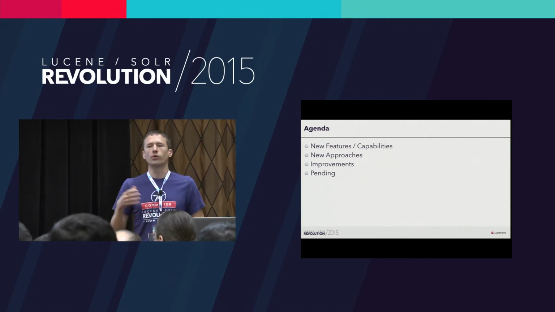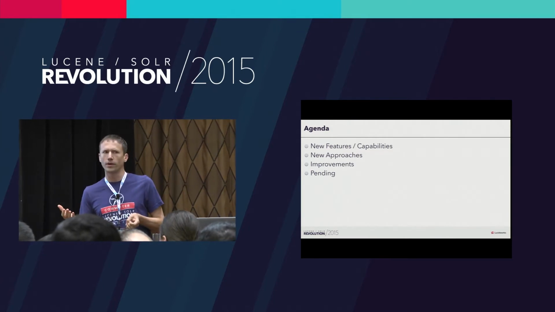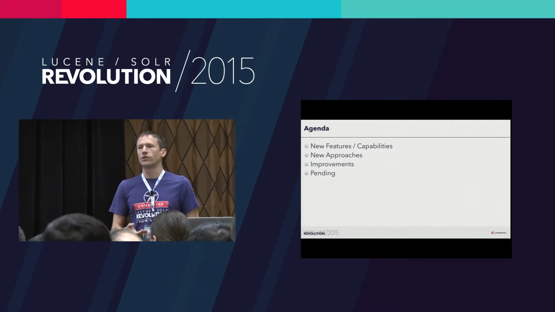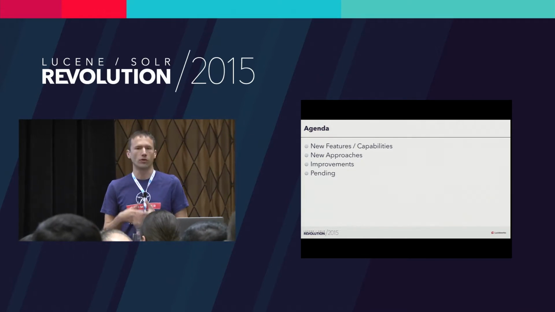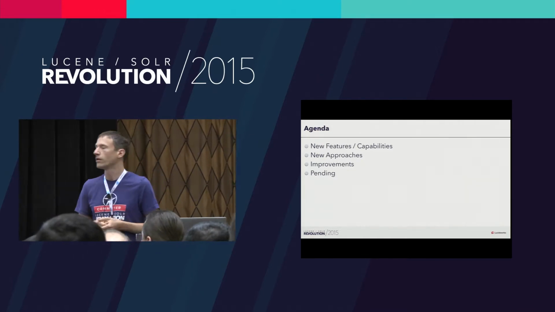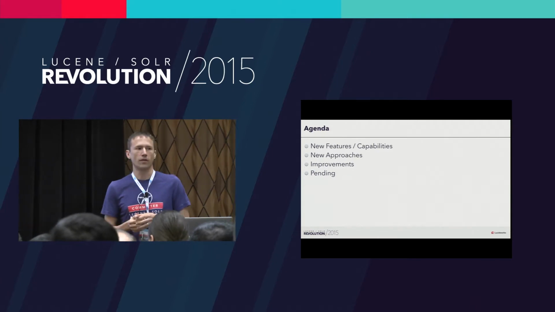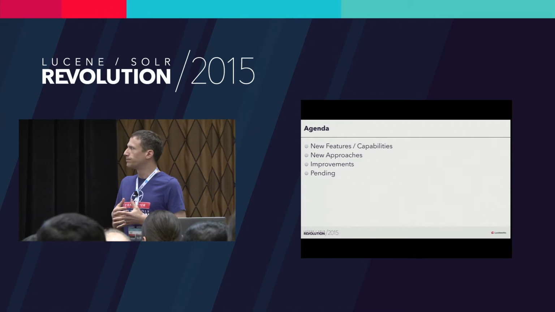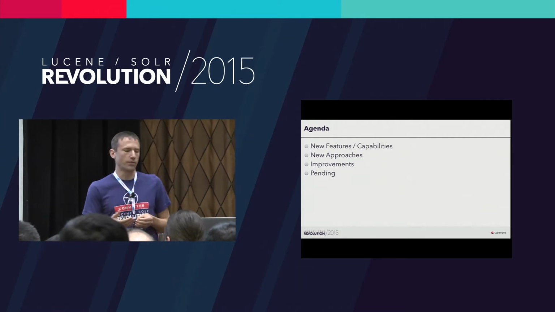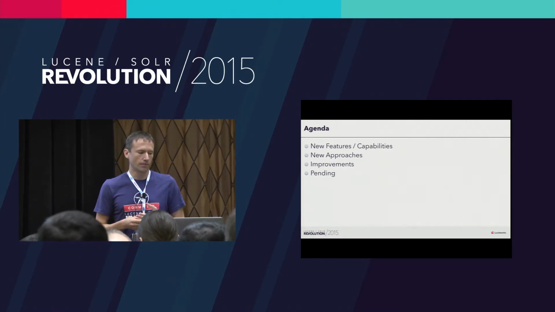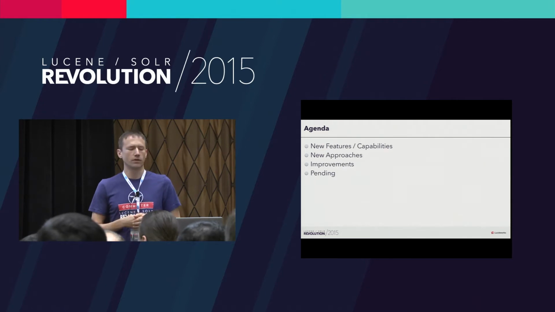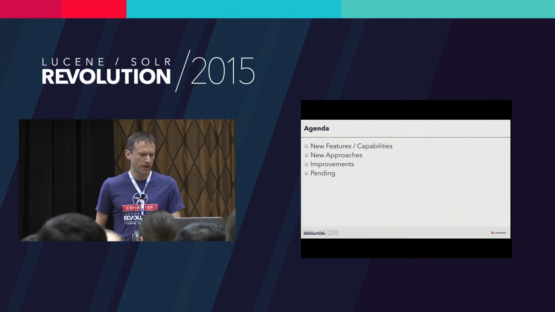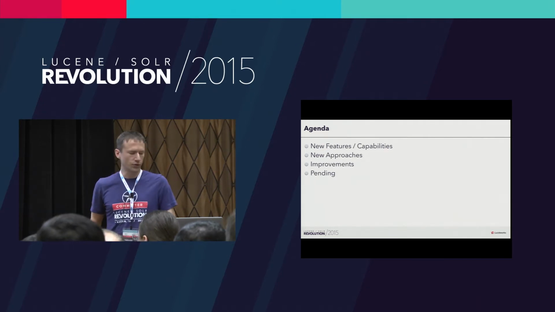And then some new approaches, which don't give you a new capability, but are a new way to do what you could do before that's probably faster and more efficient, moving the state of the art. Everybody wants faster, better, leaner, all that good stuff. And then there are some improvements to existing capability that maybe add some smaller features. And I have a pending slide as well. Most of my time will be on the first two points.